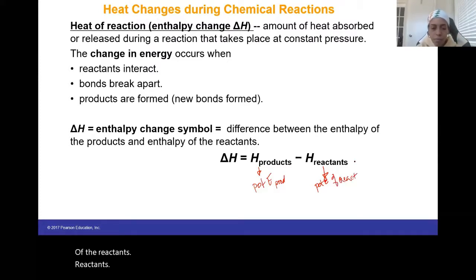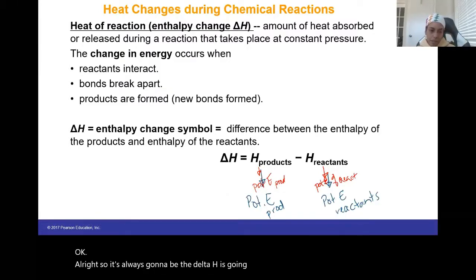Okay? All right, so it's always going to be, the delta H is going to be the products minus the reactants. Oh, I already had it on the slide. Sorry. All right.